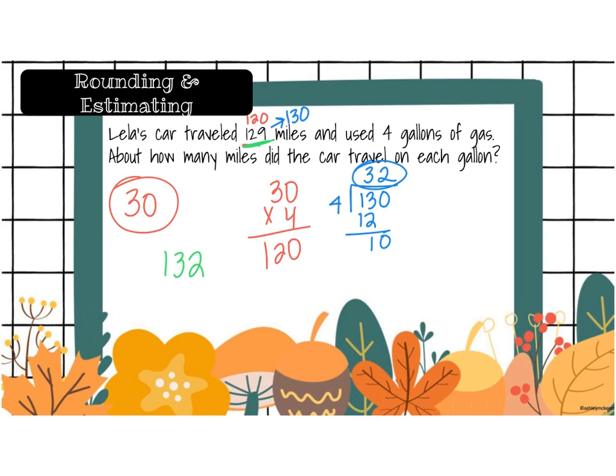I'm not sure exactly how I did this, I probably just ended up guessing. I did 32 divided by 4 is 8.